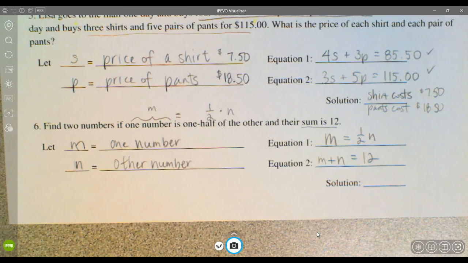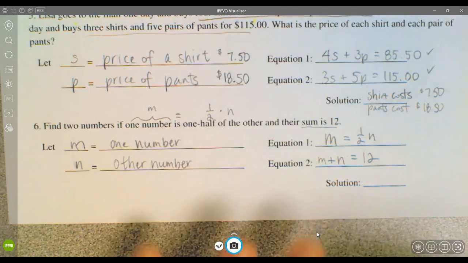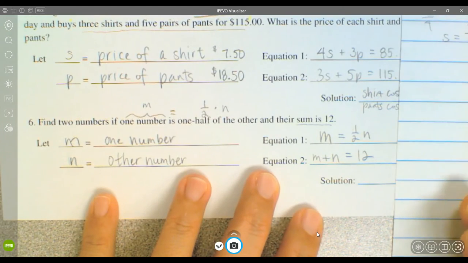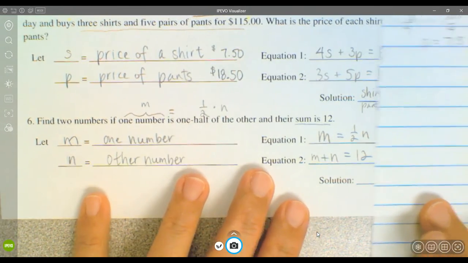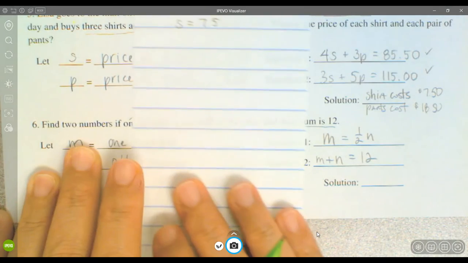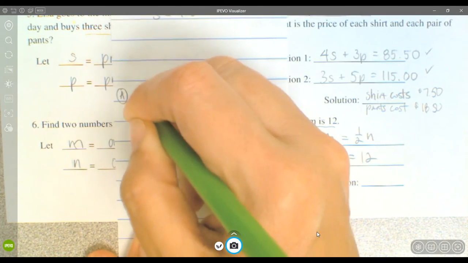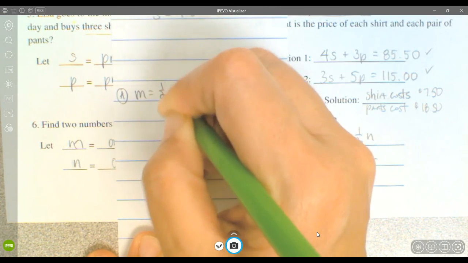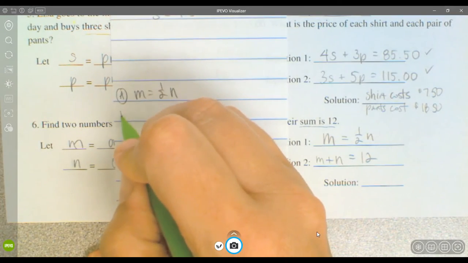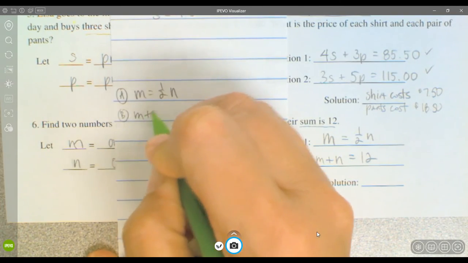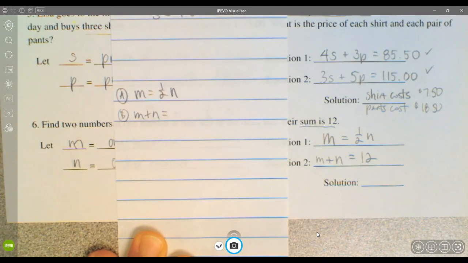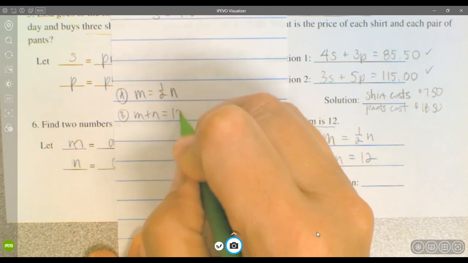And the last one, I have the system M equals 1 half N. And I have M plus N equals 12.